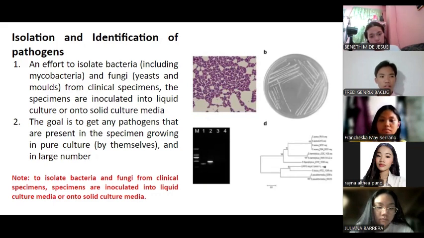Microbiologists perform various tests and techniques to determine the exact species of that microorganism, and the identification process involves microscopic examination, gram staining to determine if it is gram positive or gram negative, biochemical tests, and molecular techniques.